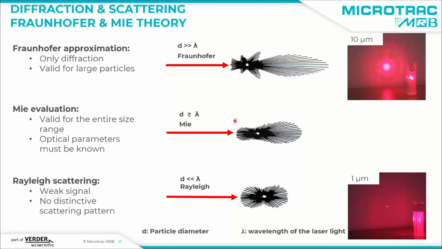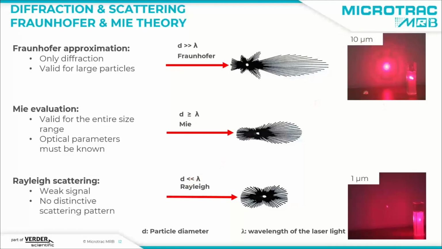And to evaluate this type of diffraction pattern or scattering pattern, you need a different mathematical approach, which is called the Mie evaluation, named after a physicist, Gustav Mie, who found this out already in 1910. For this Mie evaluation, the one disadvantage is you must know the optical parameters of your particles, which is basically the refractive index. If you have this, you can use Mie theory, and this is valid for particles where the particle size is close to the wavelength of the light or smaller.